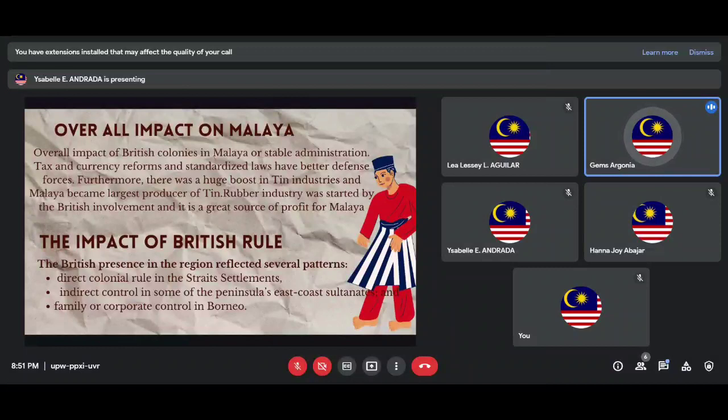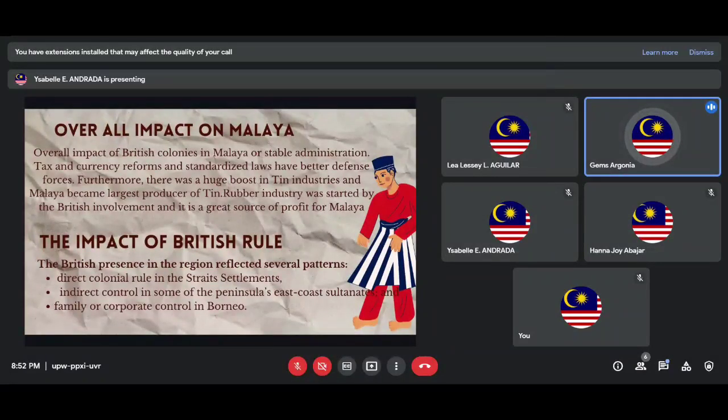The overall impact of the colonies in Malaya included stable administration, tax and currency reforms, and standardized laws and defense forces. Furthermore, there was a huge boost in the tin industry, and Malaya became the largest producer. The rubber industry was started, and it was a great source of profit for Malaya.